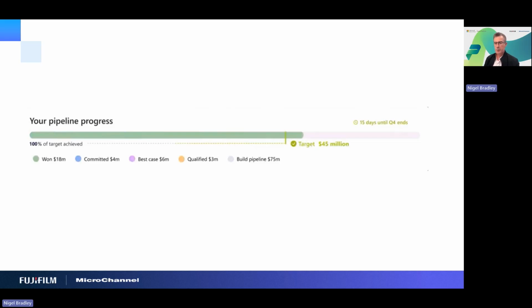So if you've put in there that you have a $45 million target, you'll then start to see some of that come to light in terms of your progress, where you should be focusing, etc. So if you're a sales organization that works on those components of pipeline, this is one that you really need to be focused on and having a look at.